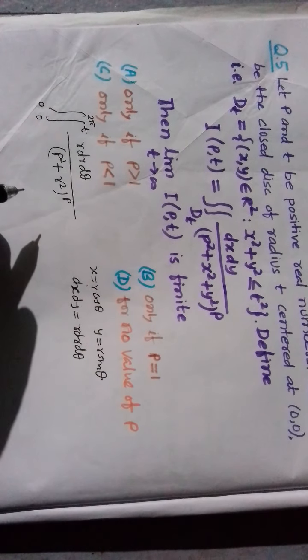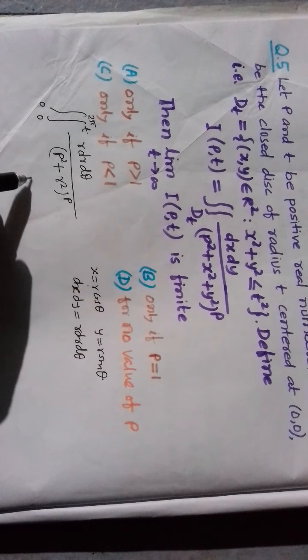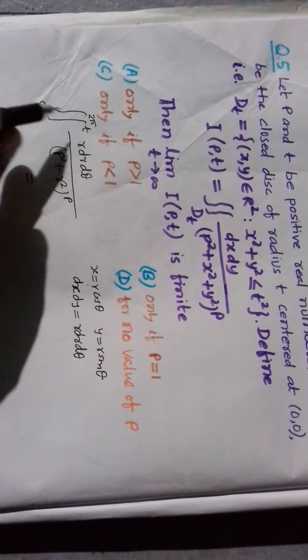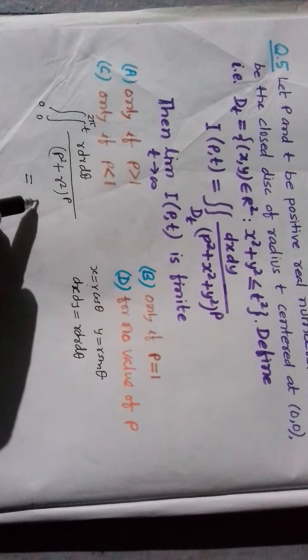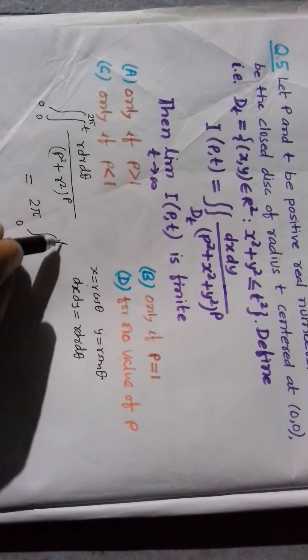Now this can be integrated easily. For d theta, the integration of d theta is theta, and putting the limit we get 2 pi. Now it remains 0 to t.